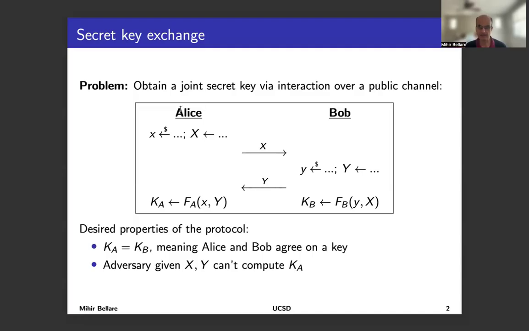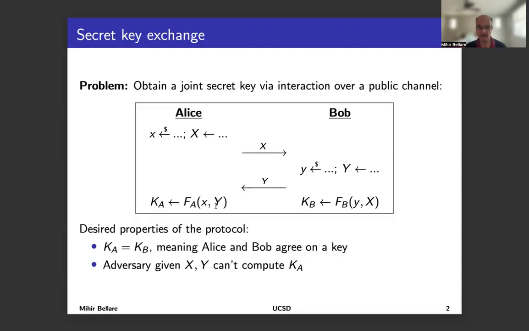The protocol would specify steps for the parties. For example, Alice may pick some quantity little x, perhaps at random from some set, maybe in terms of that define some other quantity big X, and then transmit that to Bob. Bob would likewise make some random choice little y, maybe compute some big Y based on it, and transmit the latter over to Alice.